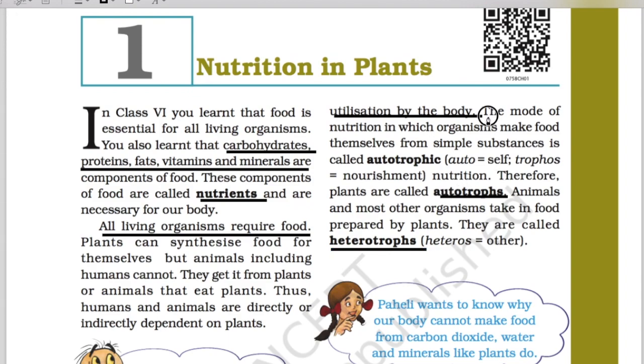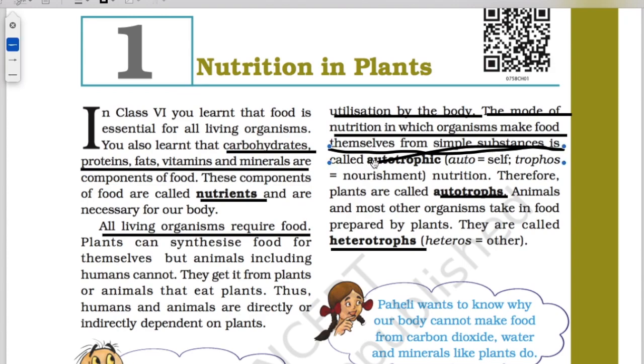The mode of nutrition in which organisms make food themselves from simple substances is called autotrophic mode of nutrition.